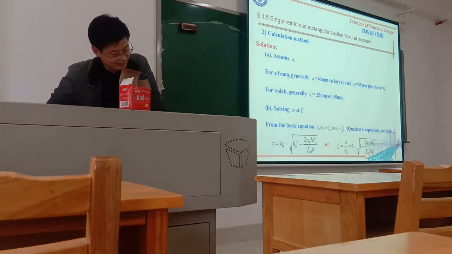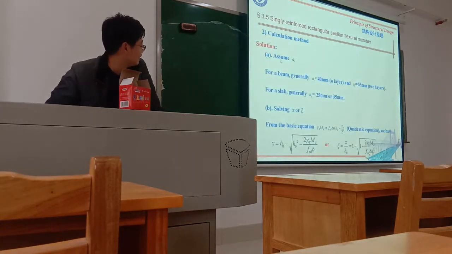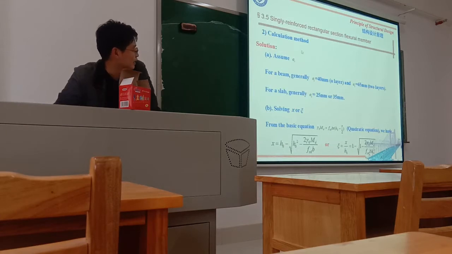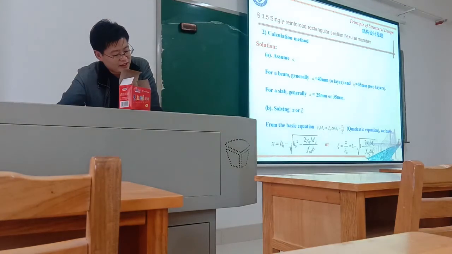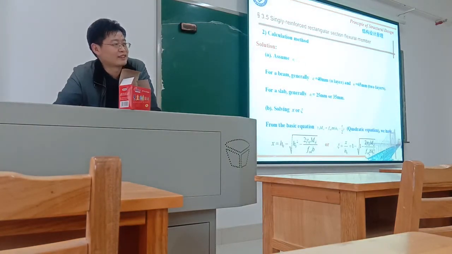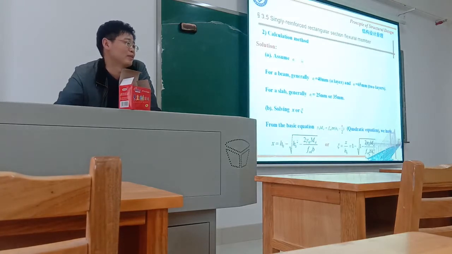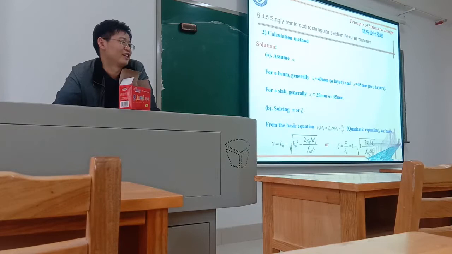So we see this process again. Actually, generally, the first step, you need to assume AS. Do you still remember the meaning of AS? AS is the distance between the bottom to the middle of the steel.